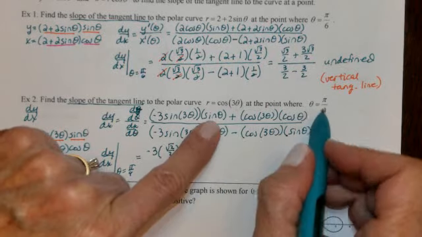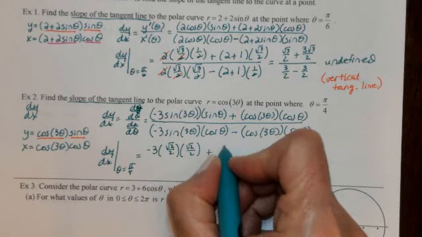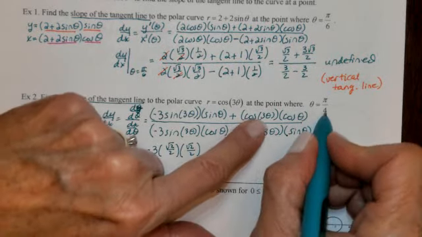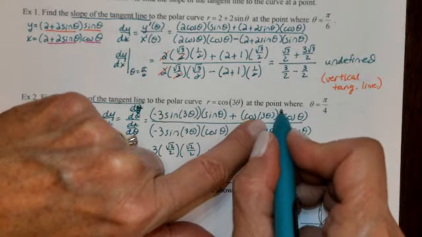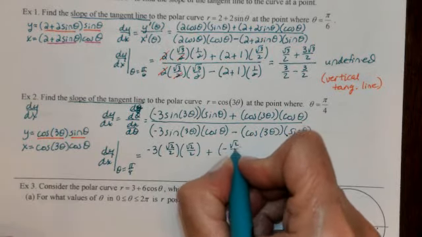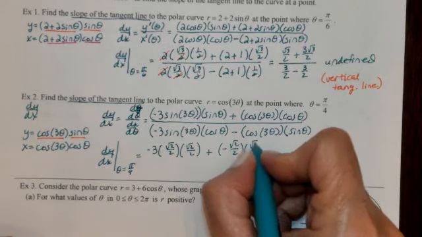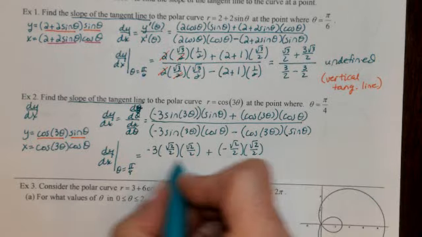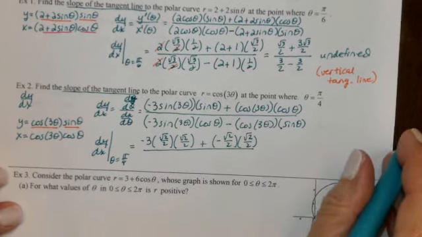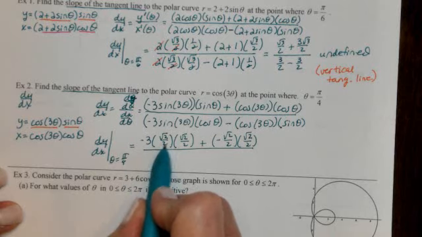Times sine of pi over 4, square root of 2 over 2, plus cosine of 3 pi over 4. Second quadrant, cosine is negative, so negative square root of 2 over 2, times cosine of pi over 4, positive square root of 2 over 2. All divided by, okay, this is going to be the same thing that we had up here, right?